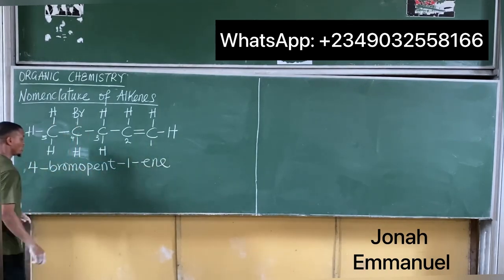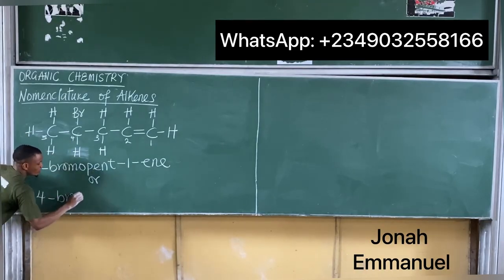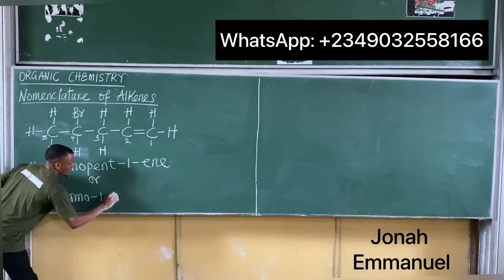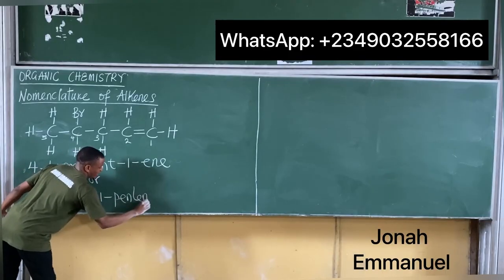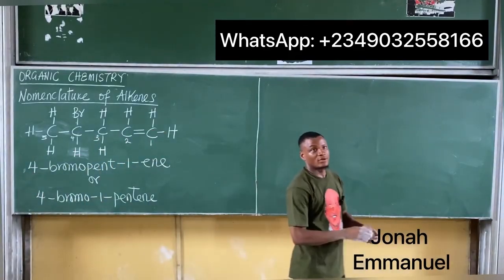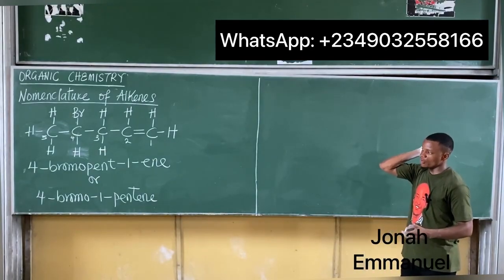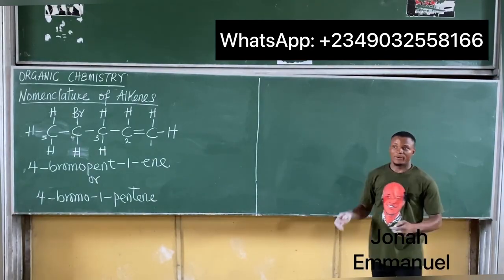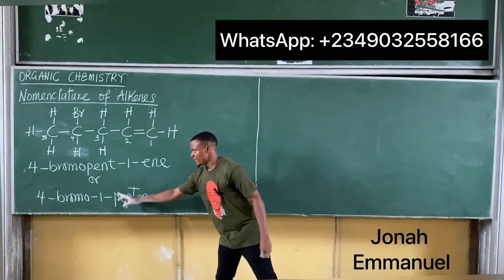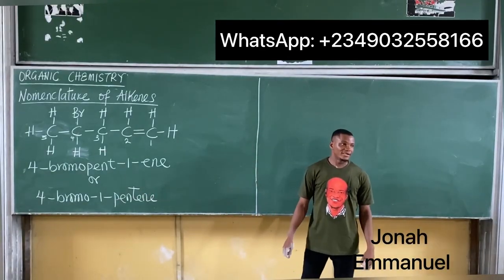So it's called 4-bromopent-1-ene, or 4-bromo-1-pentene. So I have this. That's the name, please. 4-bromopent-1-ene, or 4-bromo-1-pentene. See the way I play with the numbers.